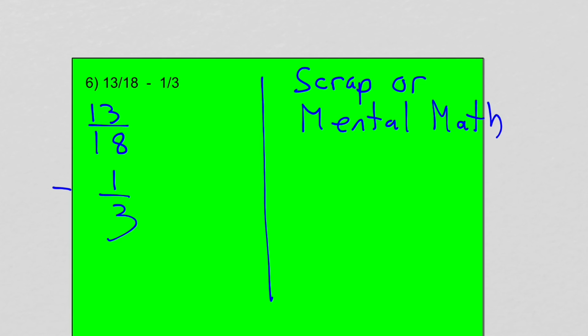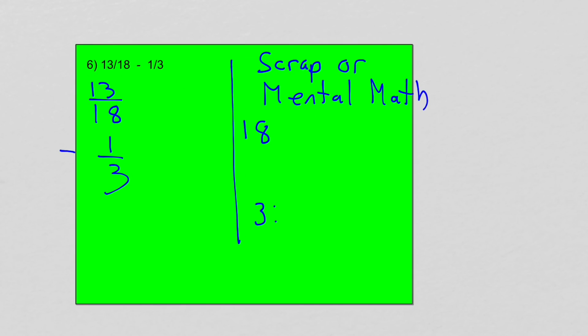So, get my lowest common denominator of 18 and 3. I'm going to do that by skip counting. Skip count by 18 and 3. I'll start with the lower number because I have a feeling 3 and 18 are related in some way. I think 18 is a multiple of 3.